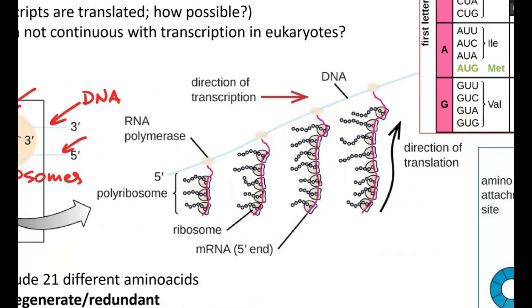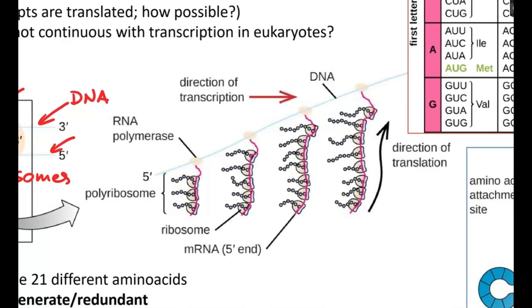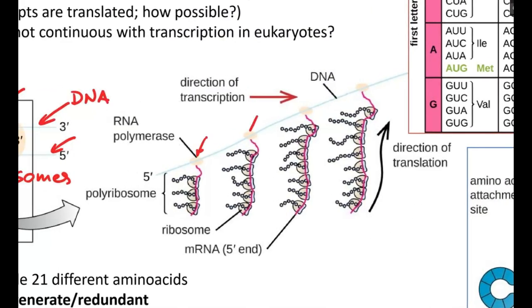So if you look at this part of the image, you can see all those RNA polymerases turning out purple mRNAs. And each mRNA is populated by multiple ribosomes. We call it a polyribosome. And each ribosome turns out a protein that this mRNA encodes. Does that make sense to you? Do you understand what I'm talking about?